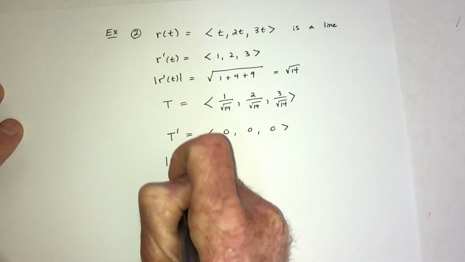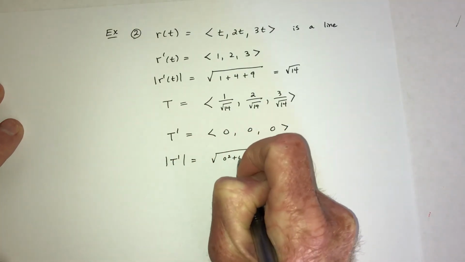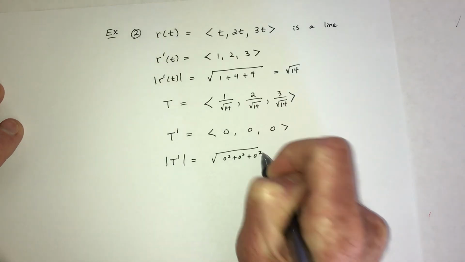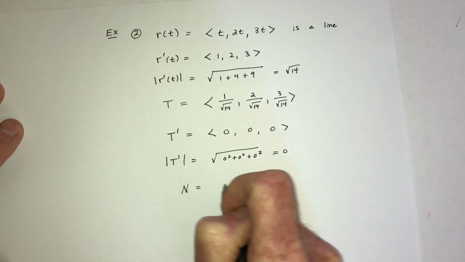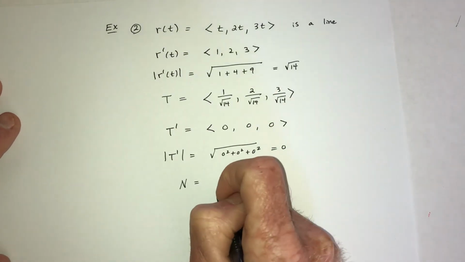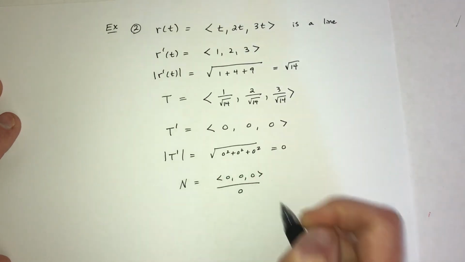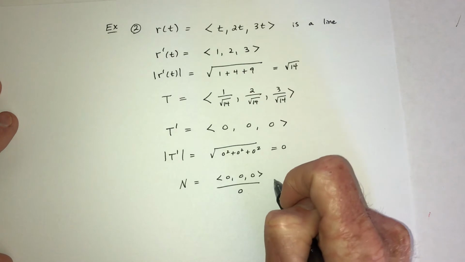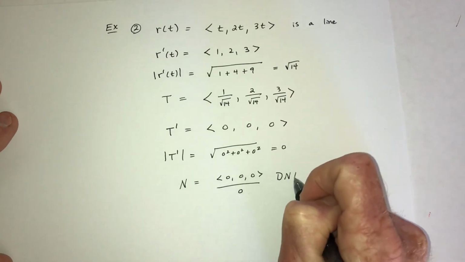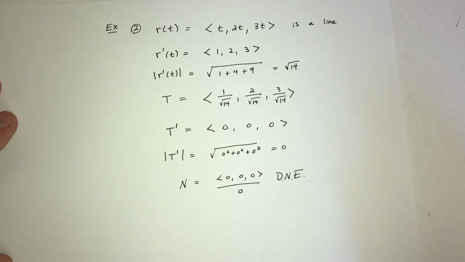Well, its length would be the square root of 0 squared plus 0 squared plus 0 squared, so that equals 0. So that means that this one, the normal vector, would be 0, 0, 0 divided by 0, which does not exist. N'existe pas. Does not exist. Division by 0 is not possible.